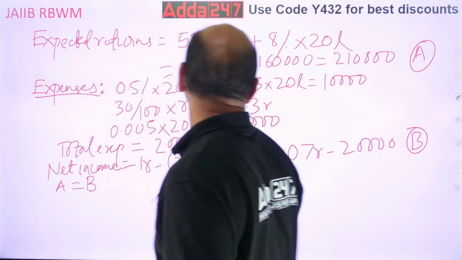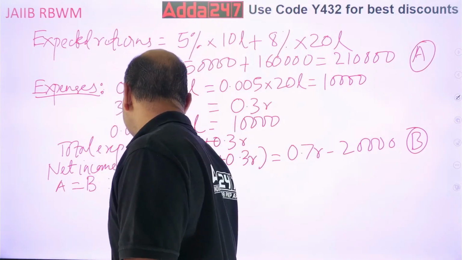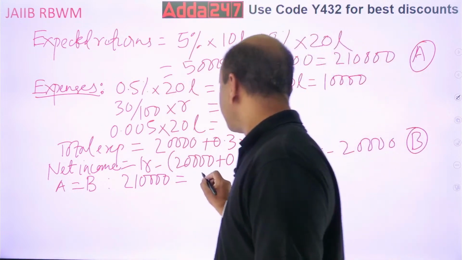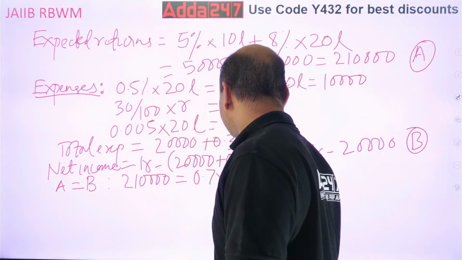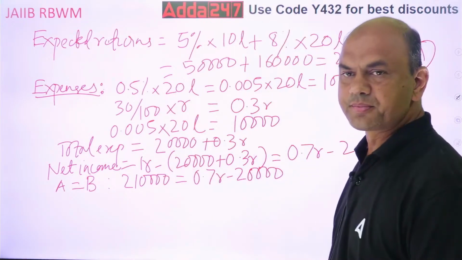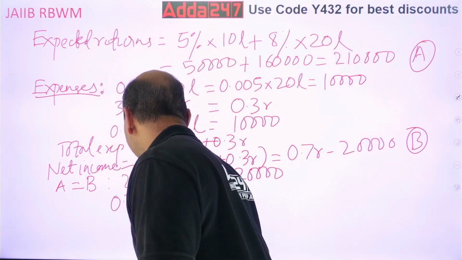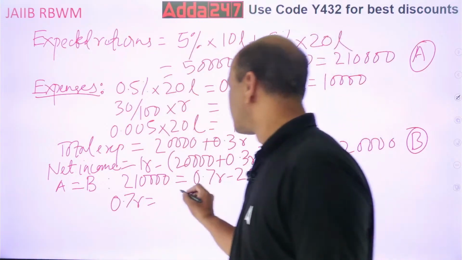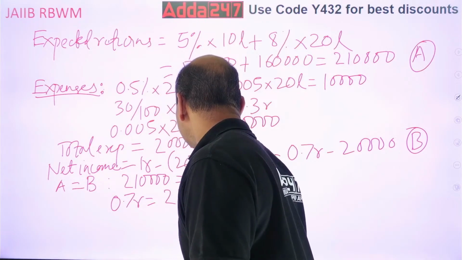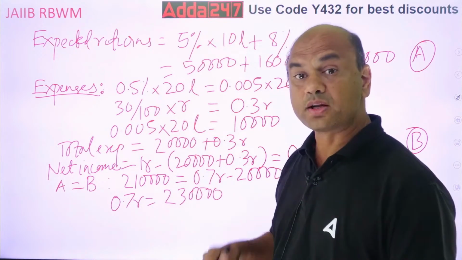A equals B means 2,10,000 equals 0.7R minus 20,000. Now take 20,000 to the other side. You will get 0.7R equals 2,10,000 plus 20,000, which is 2,30,000. So 0.7R equals 2,30,000. So what is R then? Divide this.